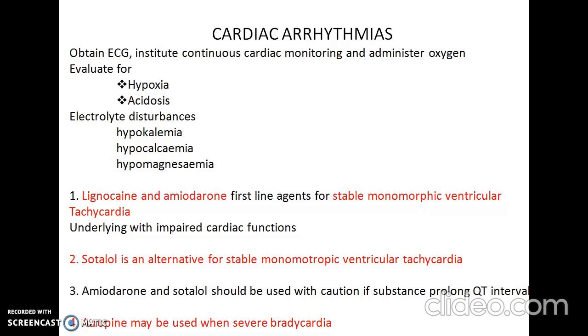Second, sotalol is an alternate for stable monomorphic ventricular tachycardia. Amiodarone and sotalol should be used with caution if the patient has prolonged QT intervals, and atropine can also be administered if a person has severe bradycardia.